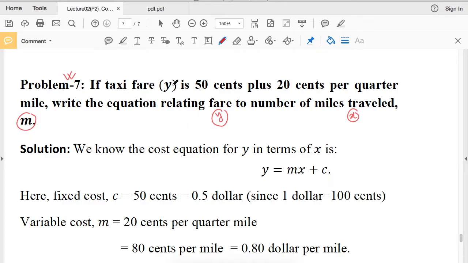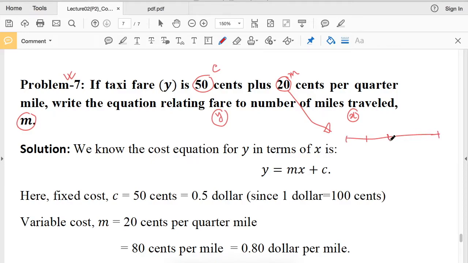And here taxi fare y is this 50 cents, which is your c, plus 20 cents per quarter mile, which will be your m. But this 20 cents is per quarter mile, so you need to convert it per mile.